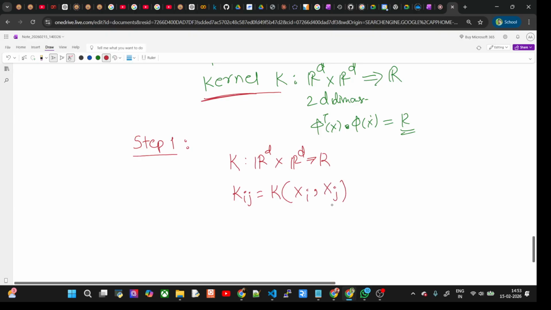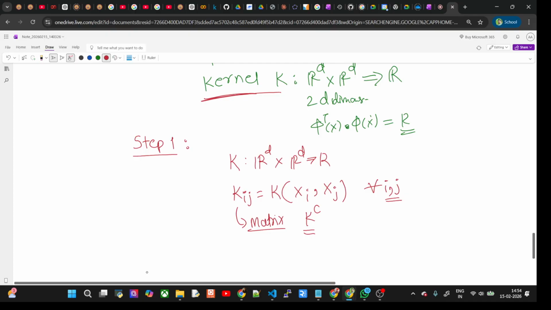You are calculating a matrix, this is your matrix. You know that this is a valid kernel, you already understood this is a valid kernel, that's why they have given it to you. So you calculated the K_ij matrix. Once you get the K_ij matrix, I will say this one is a K centered. Sorry, not K centered, it's the K_ij matrix.